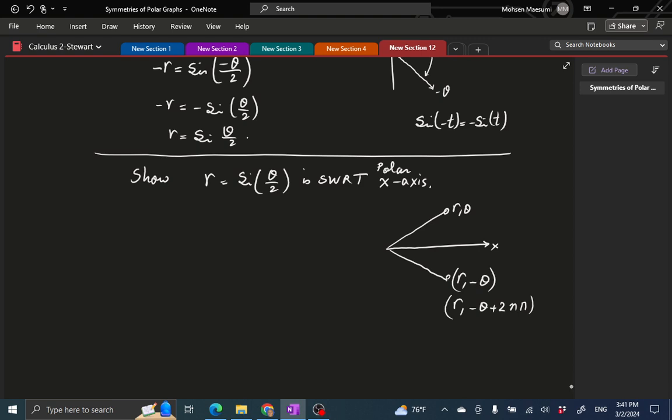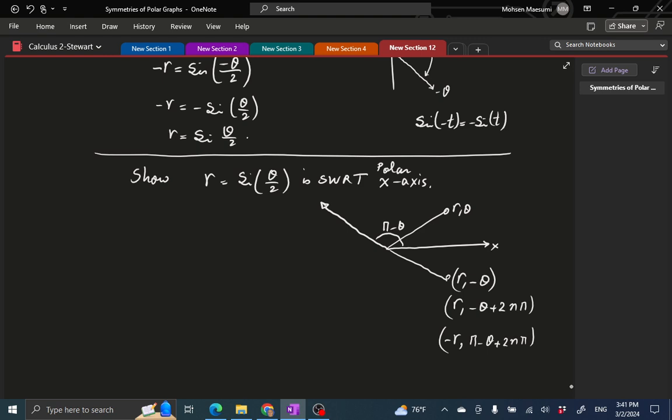The other possibility is take this axis, turn it to go in this direction, turn it to pi minus theta, and then back up to location minus r. So I can have minus r, pi minus theta, that is the base angle, plus any number of circles you want to go around.